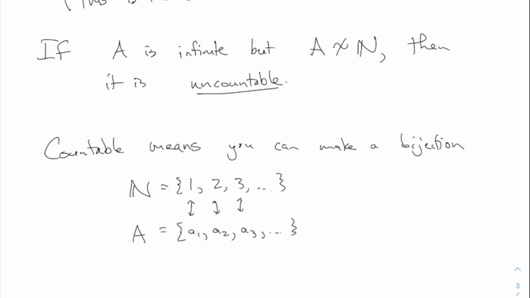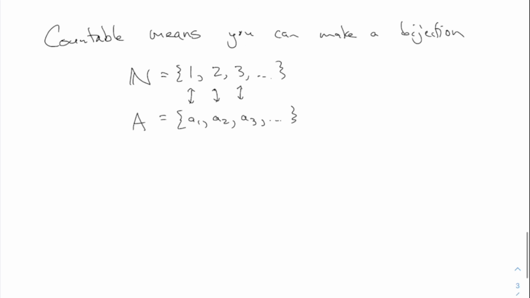If it's a countable set, countable means that you can line up the elements of your set one by one in an infinite list, all right? If it's possible to line them up next to the natural numbers, then that is a bijection. And so your set A has the same size as the natural numbers. So countable means you can make a bijection.